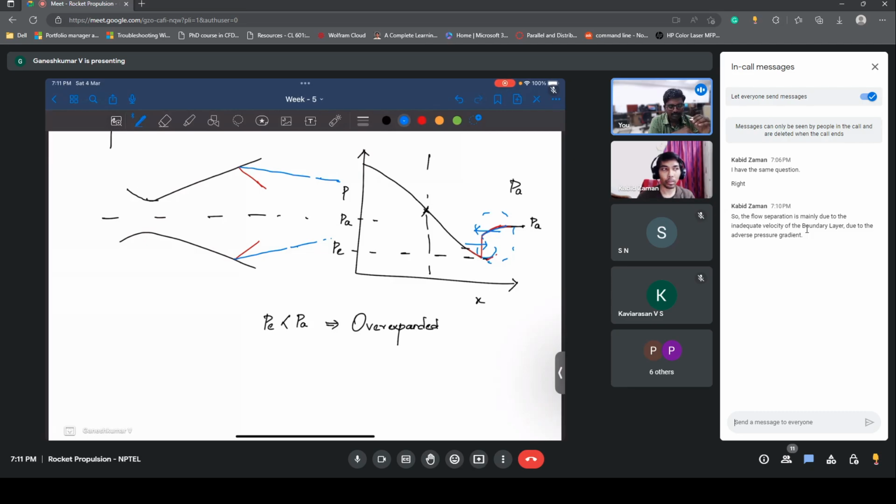So the boundary layer indeed affects the flow separation, but the major contribution for this flow separation is this adverse pressure gradient, right? This adverse pressure gradient is not caused by the boundary layer. So, inadequate velocity of the boundary layer: what do you mean by inadequate velocity of the boundary layer?